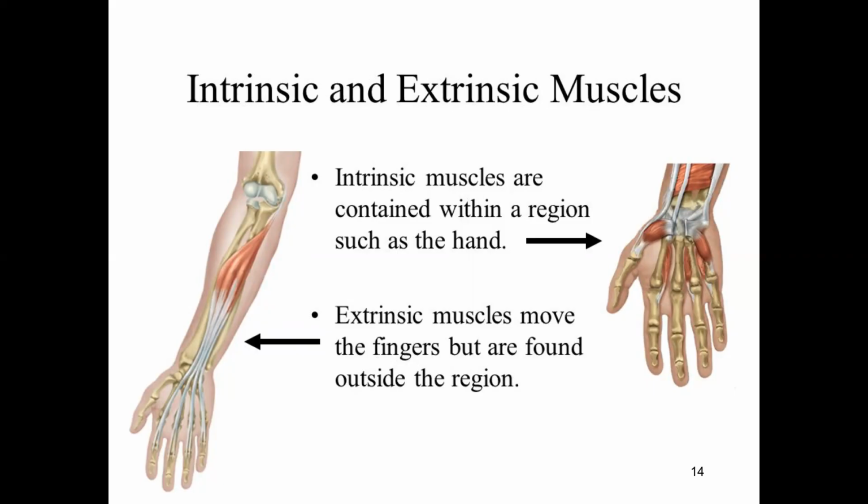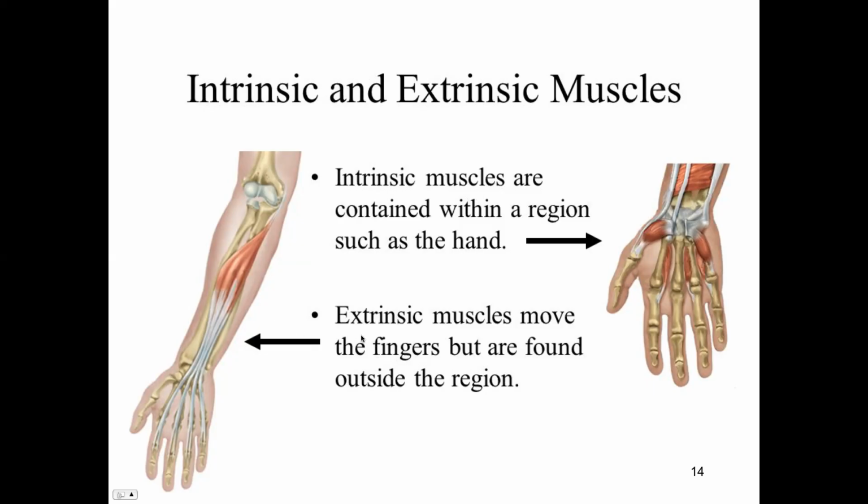Those would be extrinsic. And again, the hand is a really good example because there are muscles out in the lower part of the arm whose tendons extend into the hand that affect movement. So the extension and flexion of the hand, flexors and extensors, are actually out of the hand proper. So those would be called extrinsic muscles.